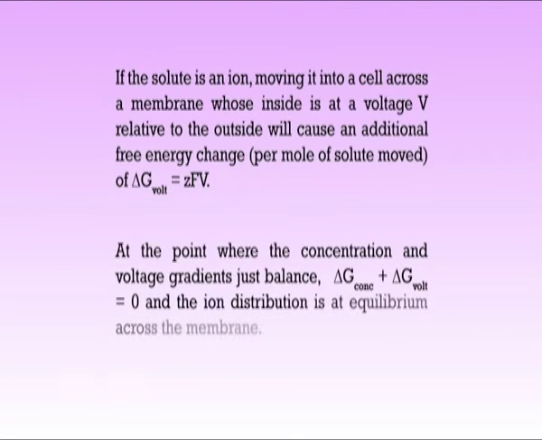At the point where the concentration and voltage gradients just balance, delta G concentration plus delta G volt equals 0, and the ion distribution is at equilibrium across the membrane.